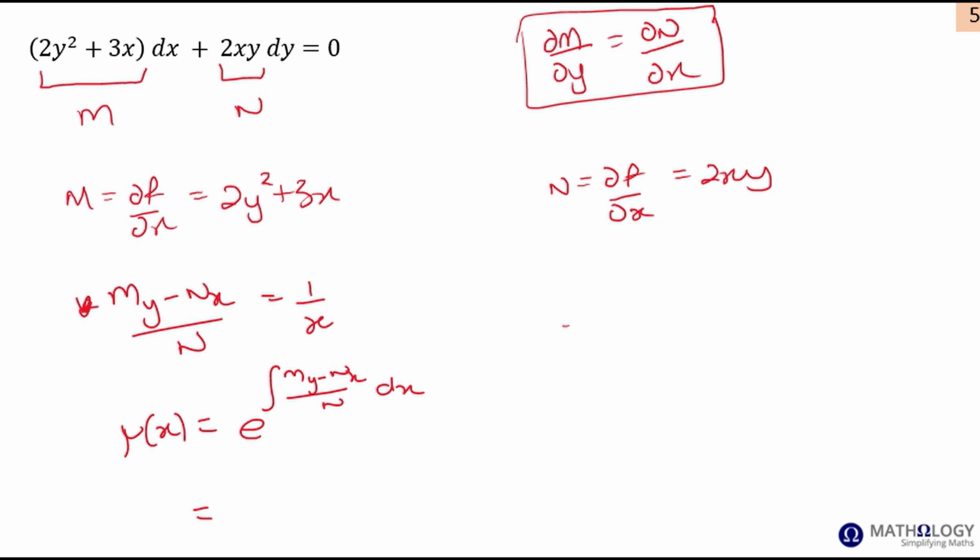So that is e to the integral of 1 over x dx, which equals e to the ln x, which just equals x.